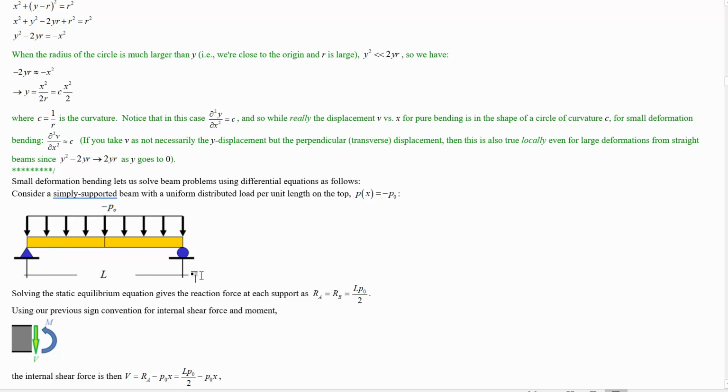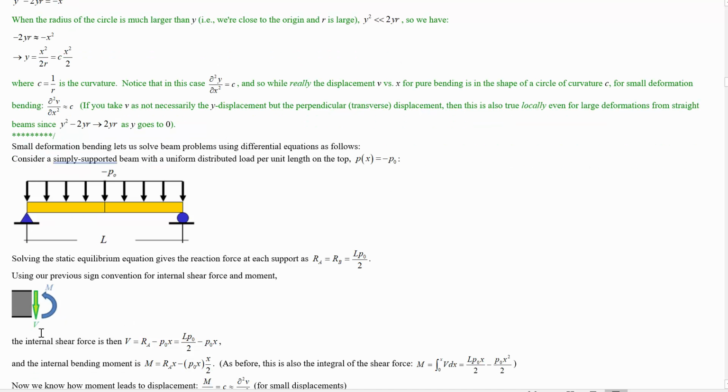So its total length is L, and the total load that's put on it is negative P naught times L in the down direction. So that means that these supports have to each put half of that up as reaction forces. So we have L times P naught over 2 applied upwards. Then, using the previous sign convention that we had, we can figure out what the internal shear force is.